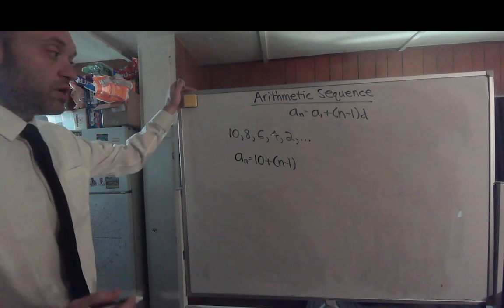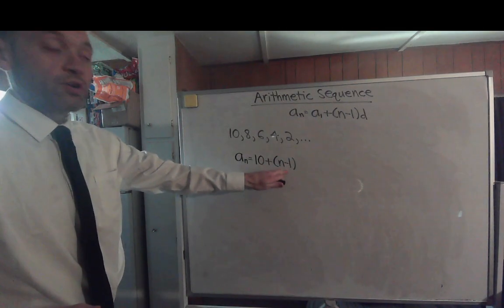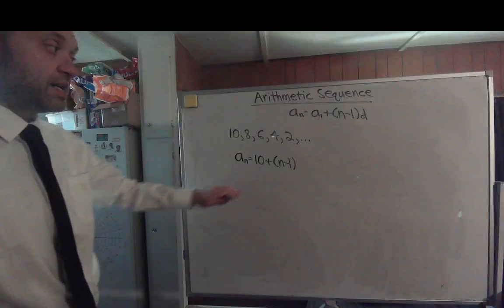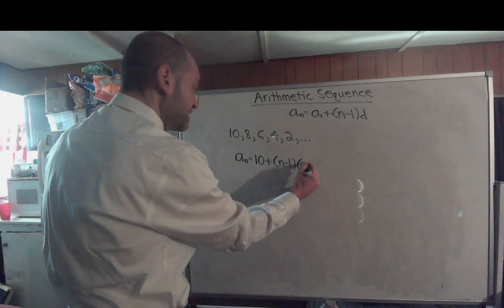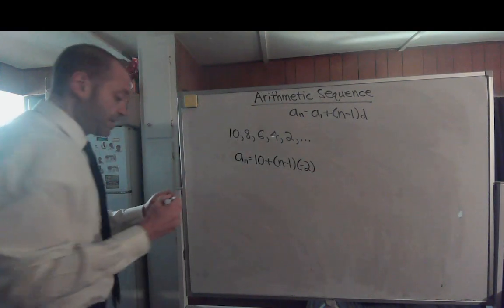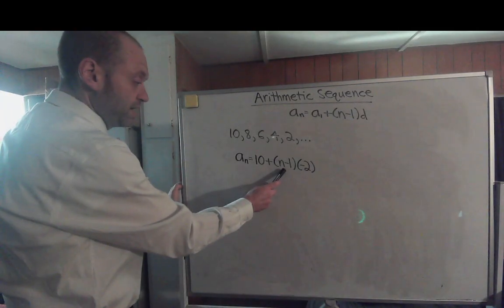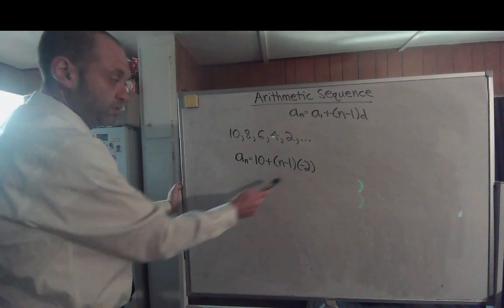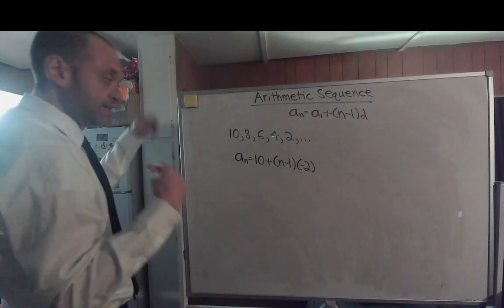We don't know what n is because that's the number of the term you're currently on, that you're trying to find. But we've determined the common difference is -2. So if I put in 1 for n, 1 minus 1 is 0, that would give me back my first term being 10. That's one way to test it.